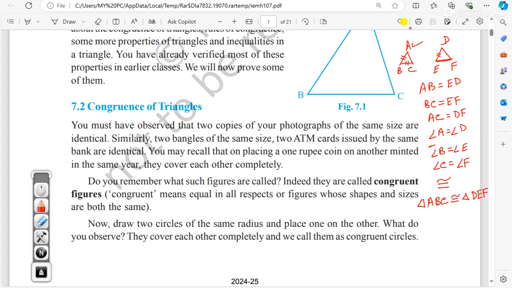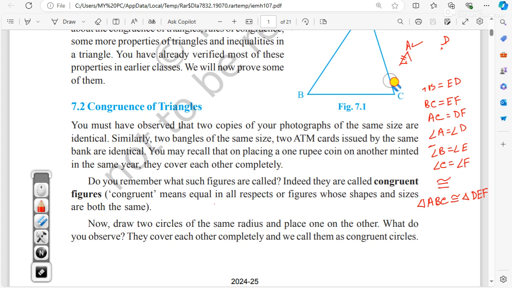That is the meaning of congruent. Congruent means their shape and size should be the same. Congruent means equal in all respects, or figures whose shapes and sizes are both the same. This is the definition of congruent.